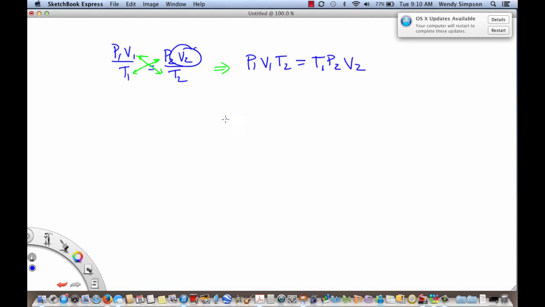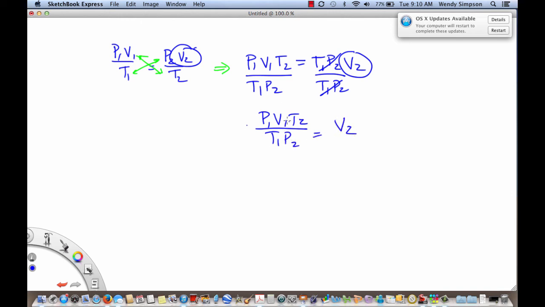Now it's going to be really easy to solve for whatever variable you need. So if we're solving for V2, then we need to divide both sides by T1 times P2. That will cancel T1 and P2 out of both sides. So we're left with this equation equals V2. Then you can plug in all your variables.